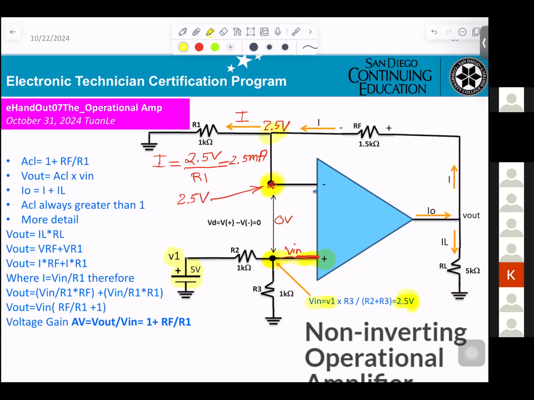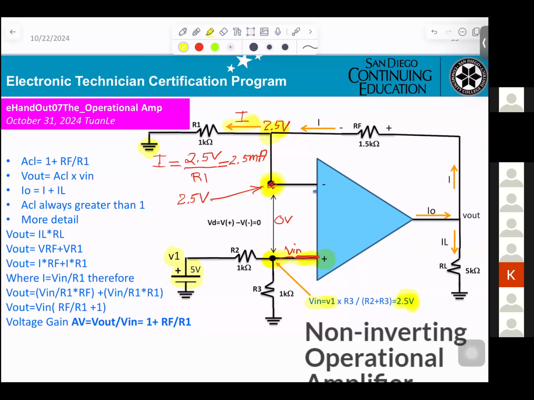So 2.5 volt and ground, so the current flows. I was trying to find out which way the current is flowing from the black dot. This is a positive 2.5, this is a ground. The current has to flow from positive to the negative. Okay, thank you.